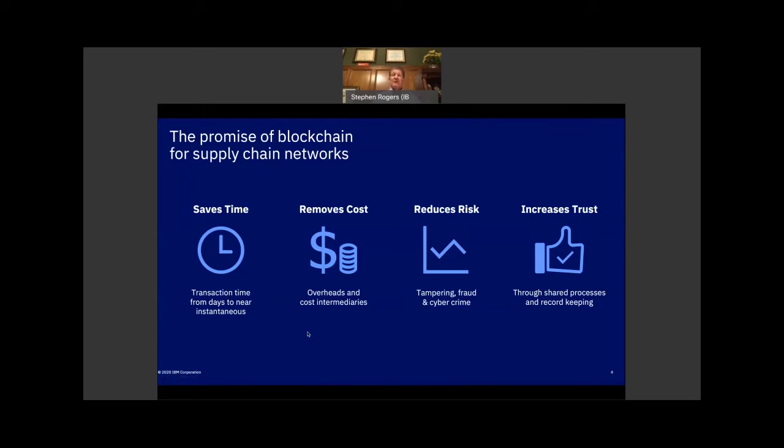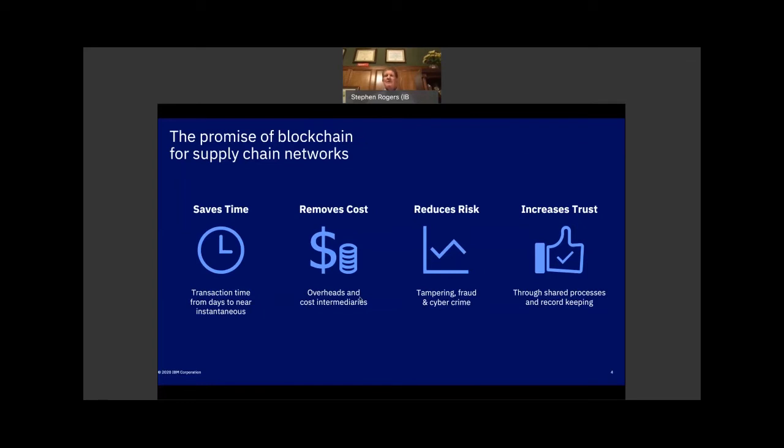It reduces risk. There are a lot of forms of risk, but to me, the most important one that blockchain addresses is the fact that if anybody's node in the network is hacked into, and I never say blockchain is unhackable, the other nodes in the network will identify that.